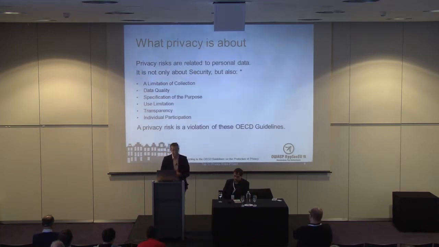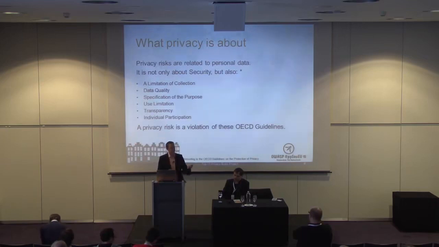And one of the most important things is transparency, so that the people whose data is used should know for what the data is actually used, that they're aware that the data is sent to third parties, that analytics is done on this data and so on. And connected to that, it's also about individual participation, so that you as an individual can choose what is done to your data.